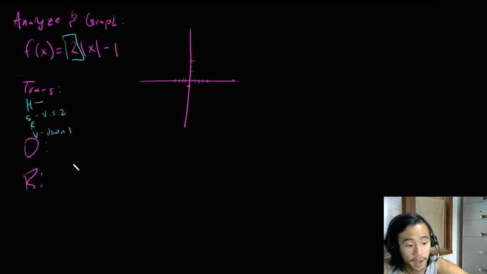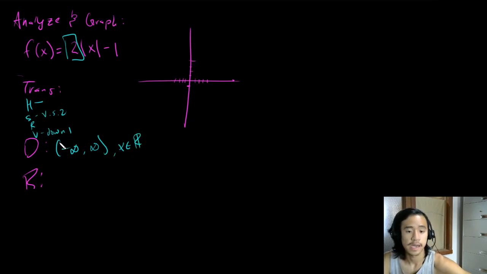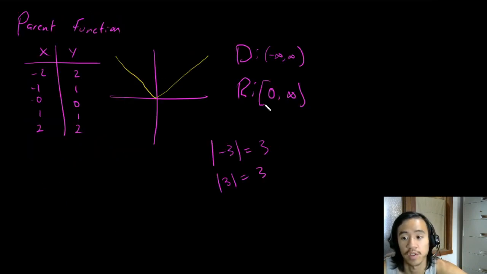So let's go ahead and write the domain and range. The domain for this is always going to be -infinity to +infinity. You could also say x is an element of the real numbers like this. The range, however, if you look back at your parent function, normally our range is from 0 to infinity inclusive.